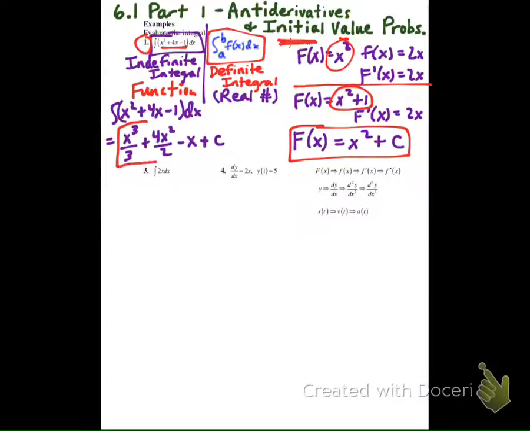So we just found the form of the antiderivative for the function x squared plus 4x minus 1.